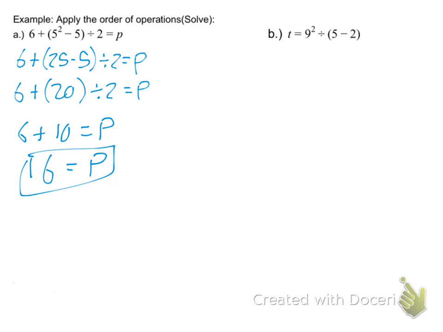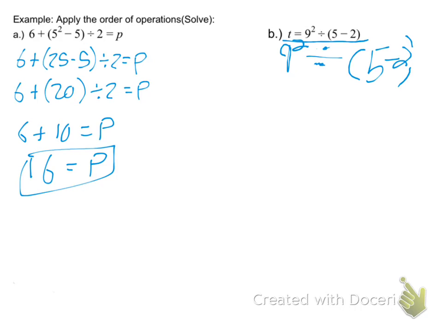I'll give you guys a couple seconds to do part B. Tell us what you're doing. Okay. So, you have your equation, and you have to do your order of operations, and that's 9 squared divided by, well, it goes down a lot bigger, divided by parentheses 5 minus 2 parentheses.